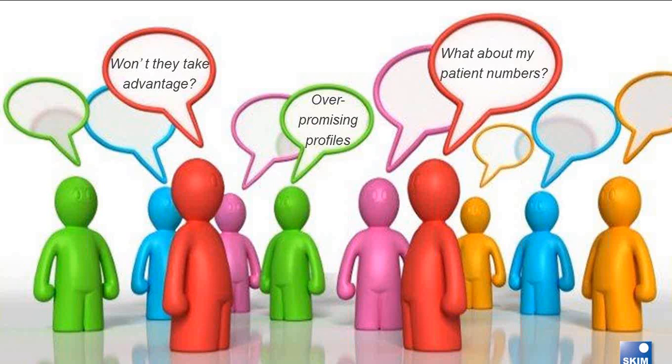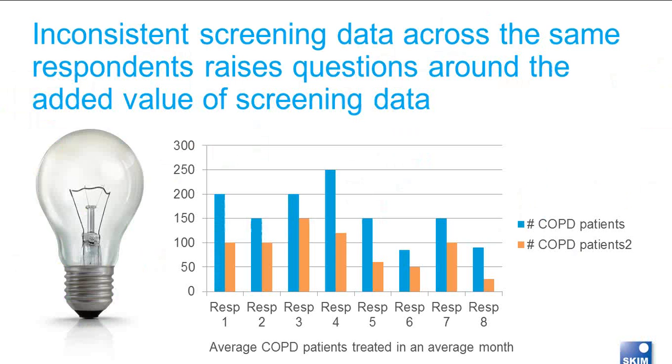Therefore, we have investigated how accurate the information is that respondents provide during the regular screening process. So what we did, we looked into the screening data of various COPD studies over the past 4 years, and we identified respondents who have participated in 10 of these studies.